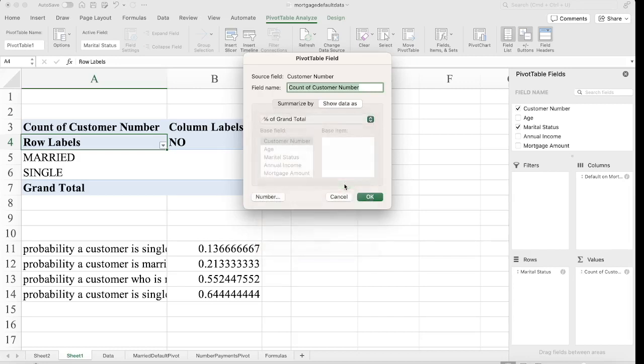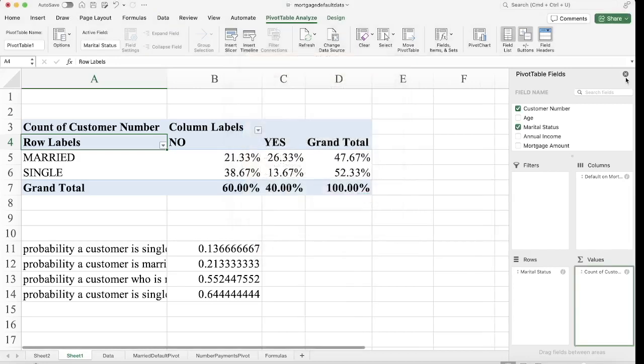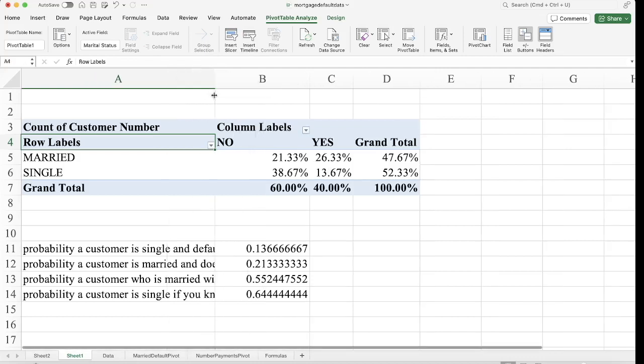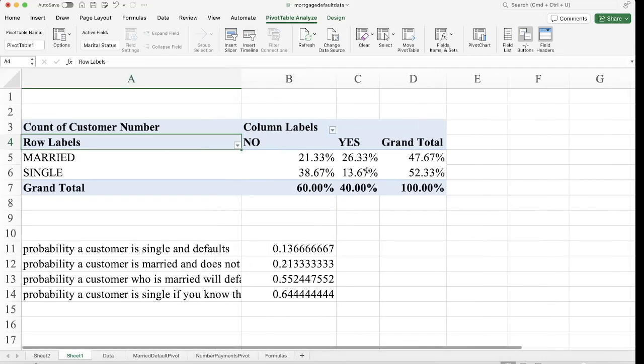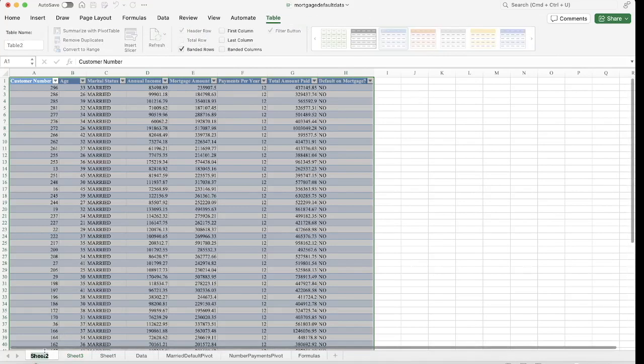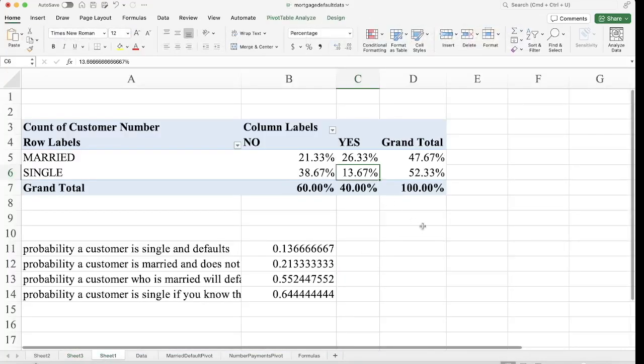That will give me in each of these categories the overall probability that I choose something in each of these categories. So the probability that a customer is single and does default, we said was about 13.67%. And now this table shows that.